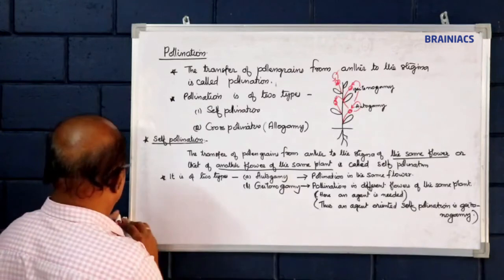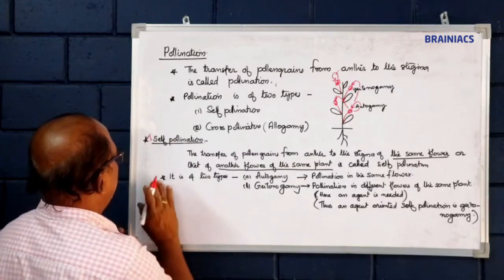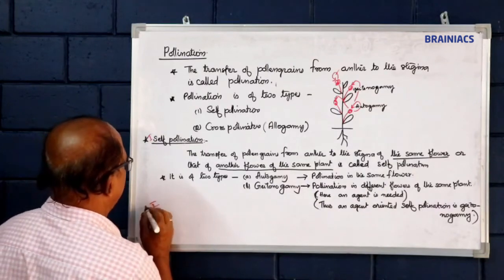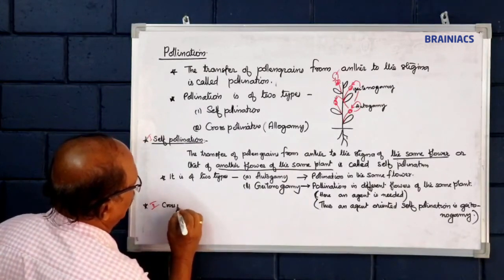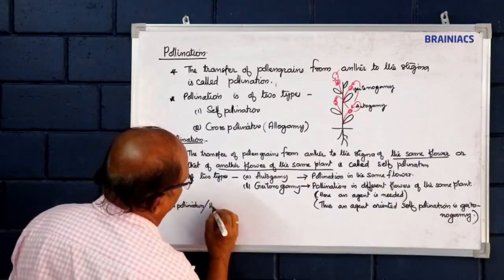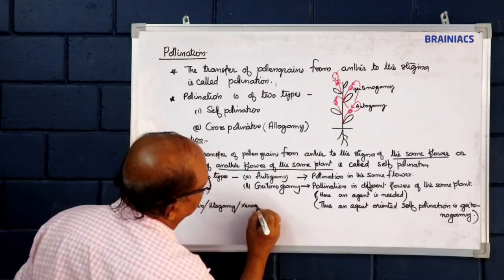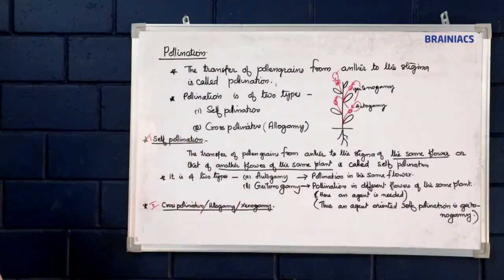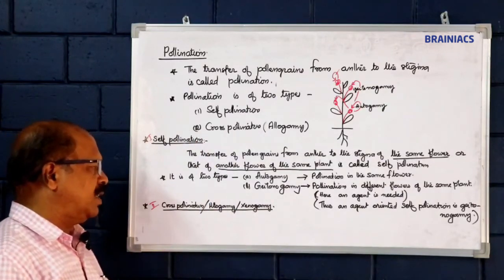Then the second one. This is first. Second is cross-pollination, allogamy or xenogamy. At the plus two level you can go through cross-pollination, allogamy, xenogamy.